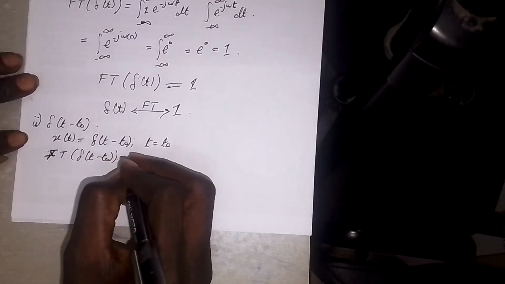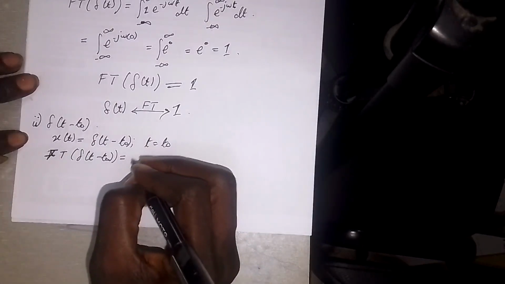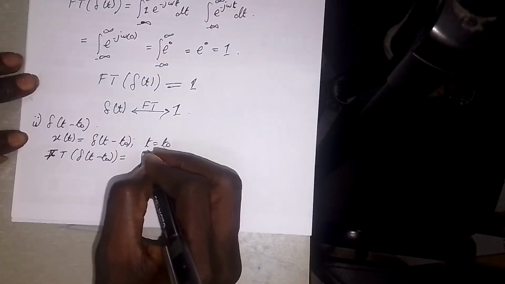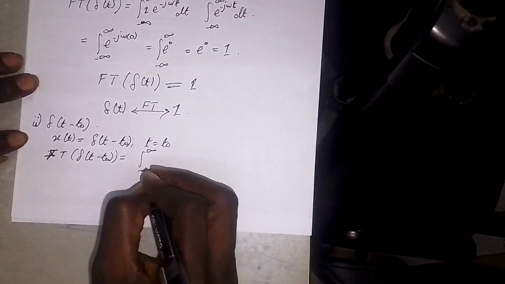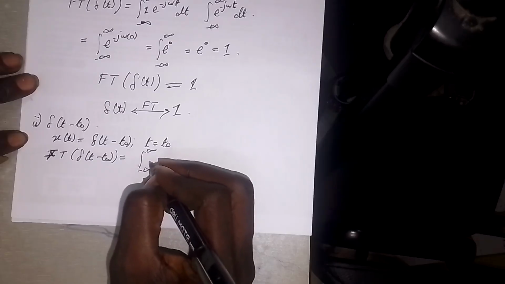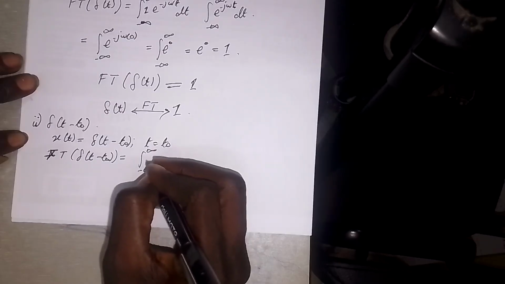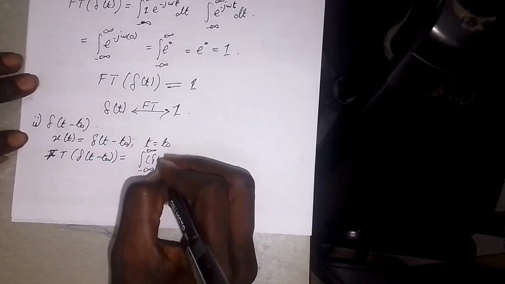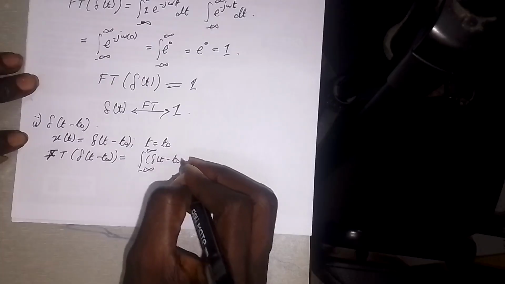The Fourier transform is going to be the integral from minus infinity to infinity of x of t times e to the power of minus j omega t dt. And what is my x of t? My x of t is delta of t minus t naught.